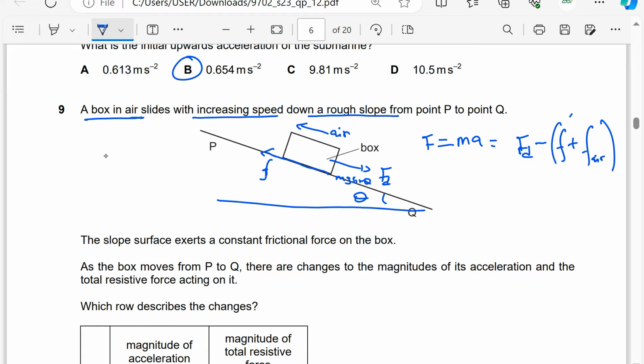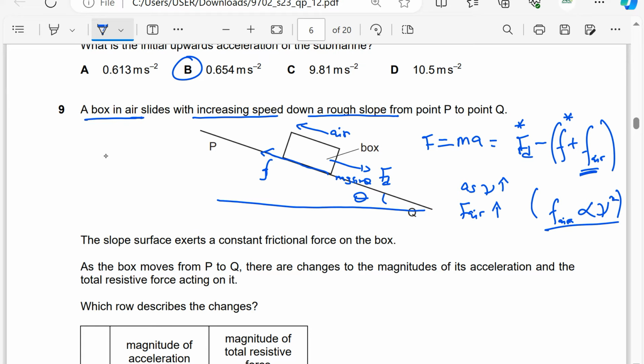The frictional force is constant, the Fd is going to be constant, but the force due to air resistance increases because as the box slides, the speed is increasing. As speed increases, the force due to air resistance increases. Those of you who remember, the force due to air resistance is directly proportional to the square of the speed. So the force due to air resistance increases.